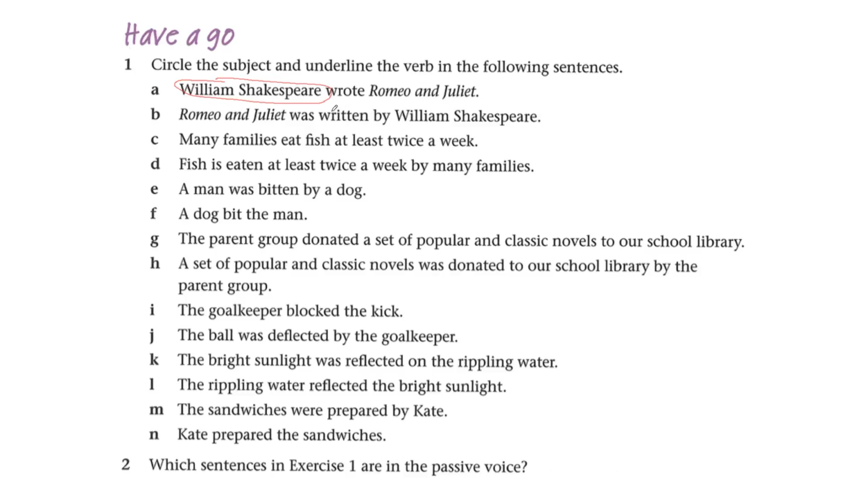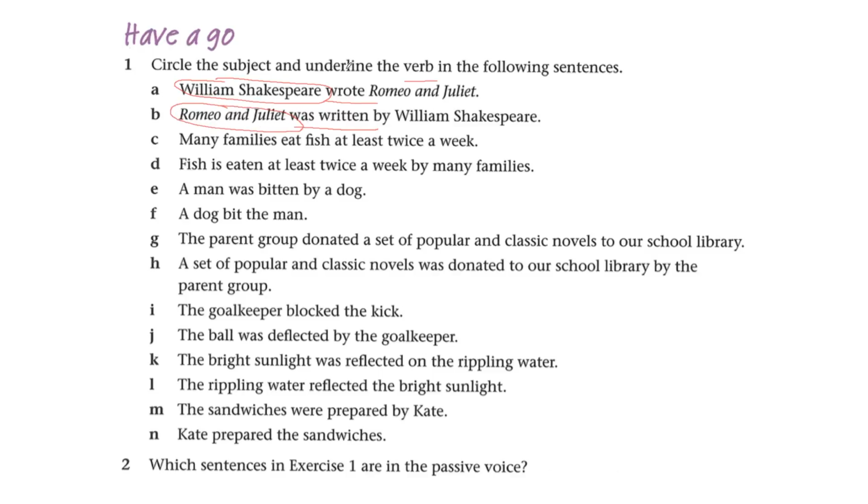And then we underline the verb so we know that wrote is the verb. So it's very simple. If we have a look at the next one, Romeo and Juliet was written by Shakespeare. If we have a look at the verb first, because that's easy, was written would be our verbal, and then we've got the subject is Romeo and Juliet.